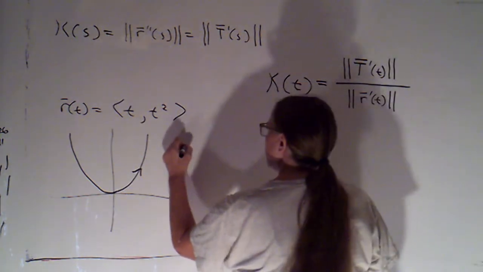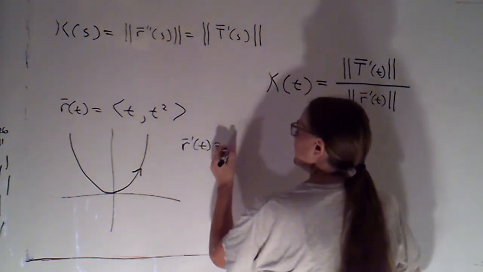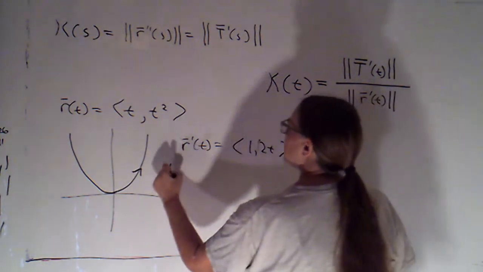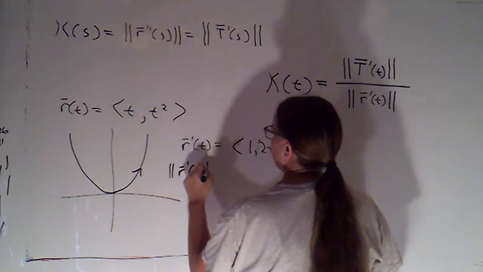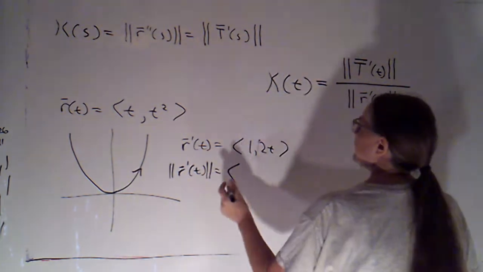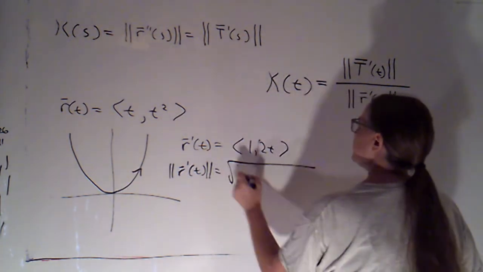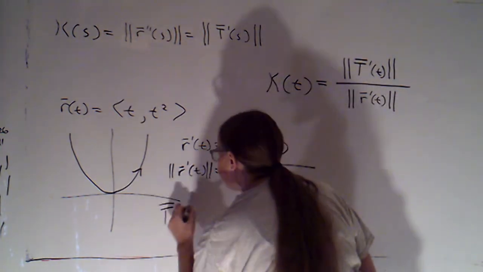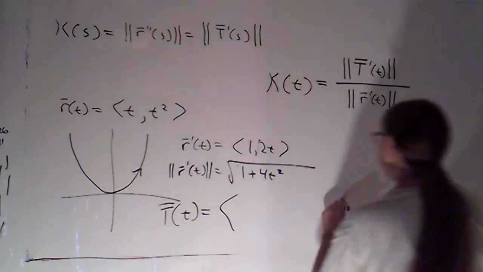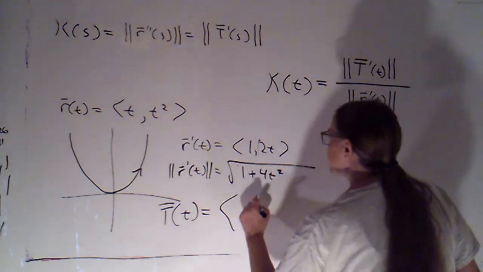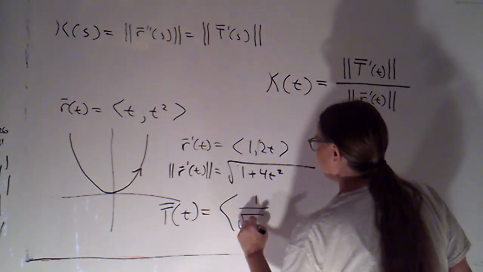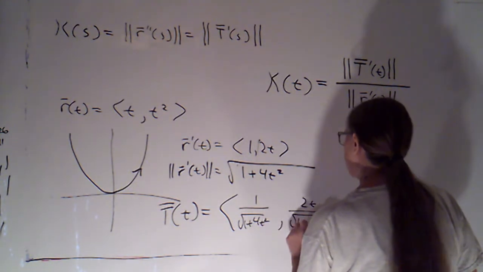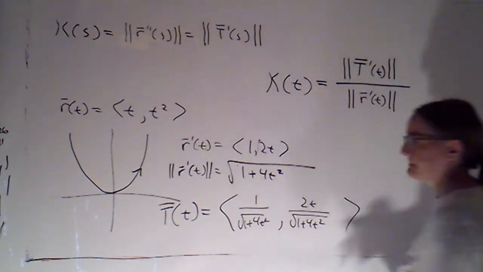Let's just take a quick look. R prime of t here would be 1, 2t. So the magnitude of r prime of t is going to be the square root of 1 plus 4t squared. That means that T of t, the unit tangent vector, is 1 over root 1 plus 4t squared, comma, 2t over root 1 plus 4t squared.